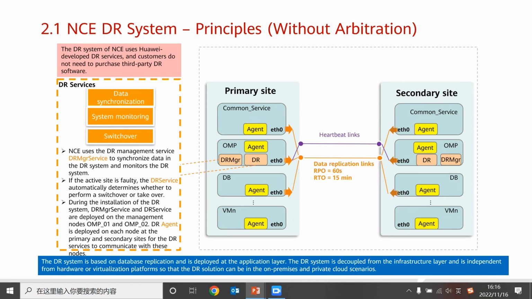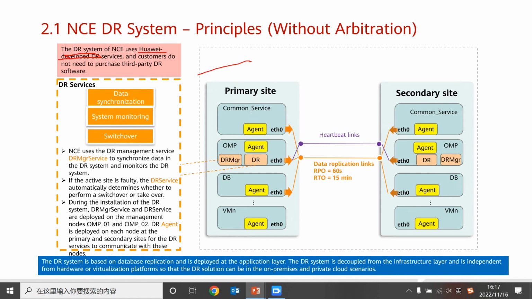The DR system of NCE uses the Huawei developed DR services, and customers do not need to purchase third-party DR software. For U2000, you need to purchase third-party software, but right now everything for iMaster NCE is Huawei developed. We're highlighting it.